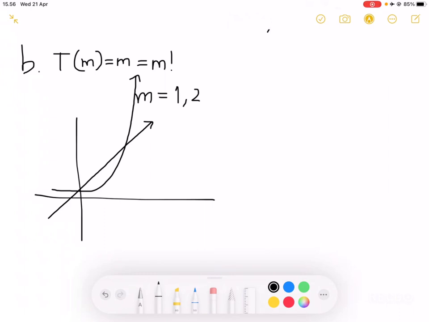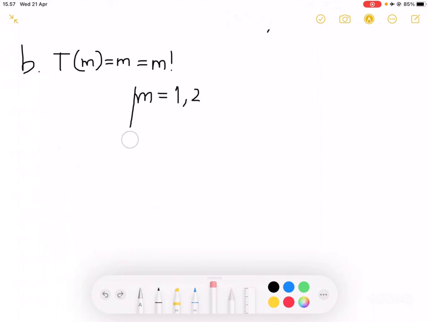Of course, this function will grow faster than this one. However, it will start out explicitly smaller than the one that is growing slowly. So that's just a brief explanation of how this works. So with that, we can easily say that the only solutions are m equals 1 or 2.